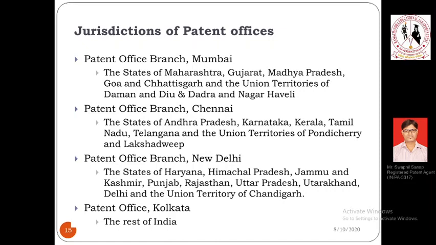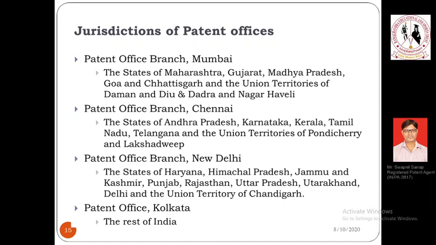Similarly, the Patent Office of New Delhi covers the states of Haryana, Himachal Pradesh, Jammu and Kashmir, Punjab, Rajasthan, Uttar Pradesh, Uttarakhand, Delhi, and the Union Territory of Chandigarh. Right. So all these parts of Indian jurisdiction are covered under the New Delhi Patent Office.